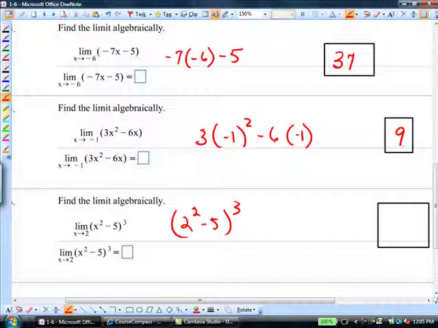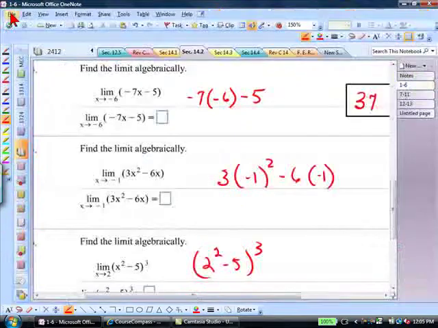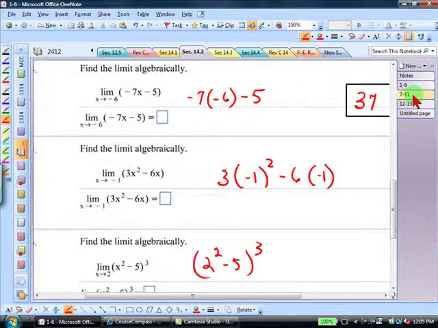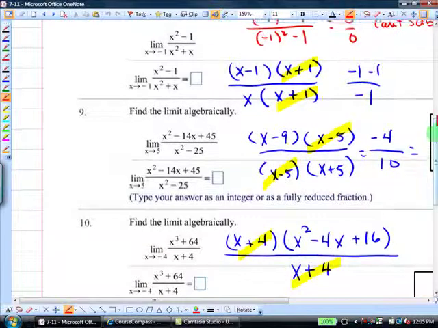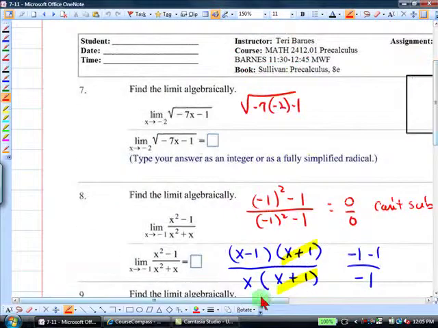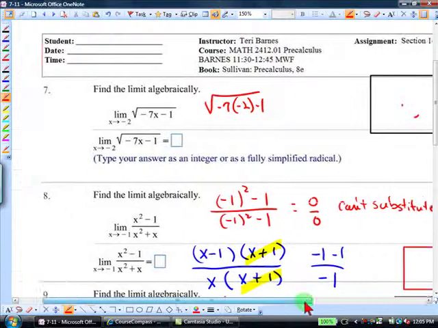Okay. And the last one. See what you get on the last one. Okay. So those aren't bad, right? Okay. Now, these we start having to do some algebra on them. Some of them. All right.